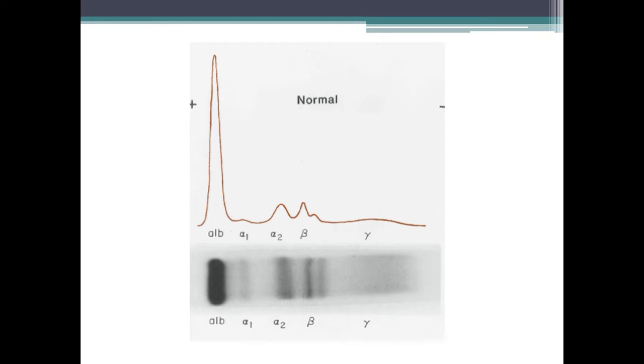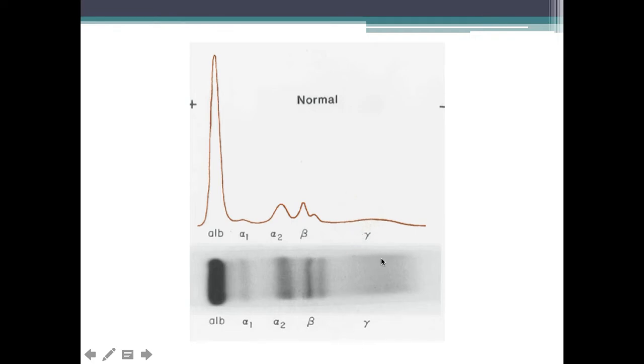In this diagram, you will see a normal electrophoretogram, and you'll see here that albumin has the highest concentration when we try to do an electrophoresis of the serum. And these are your globulin components, the alpha globulin, the beta globulin, and the gamma globulins.